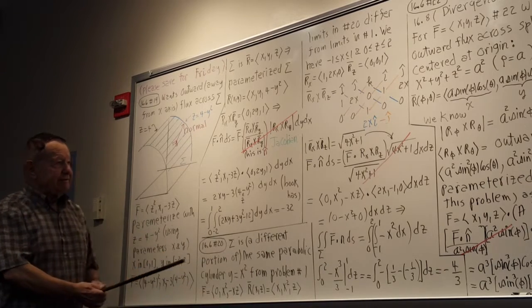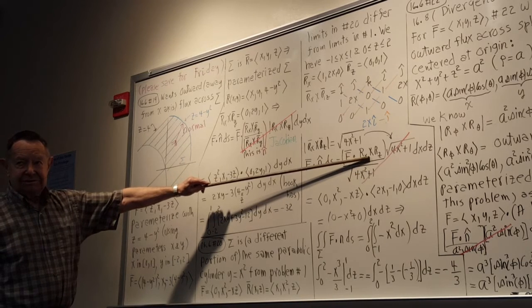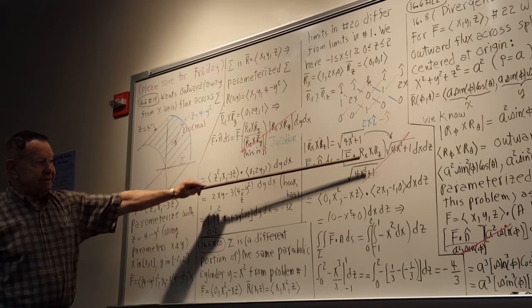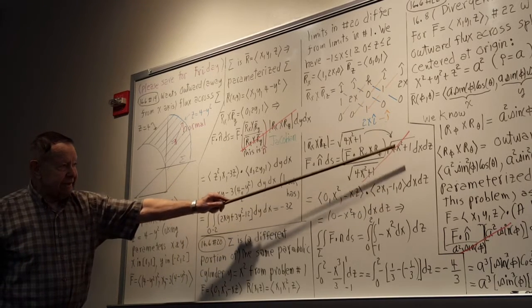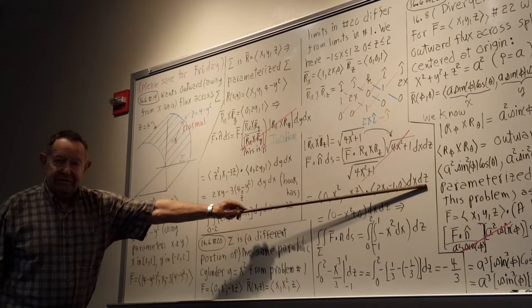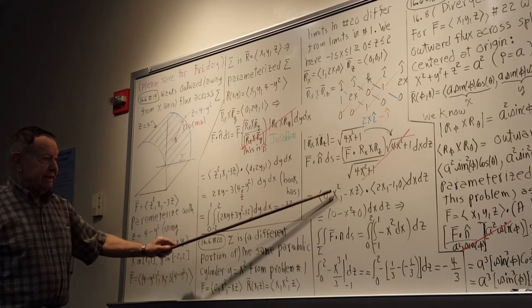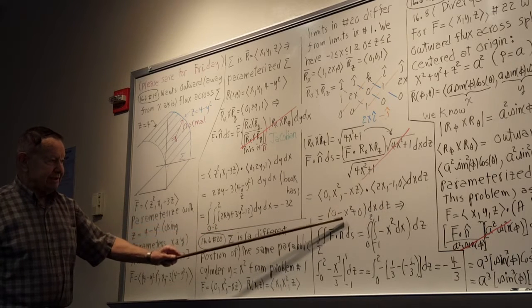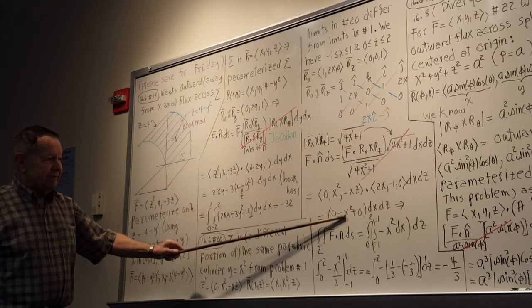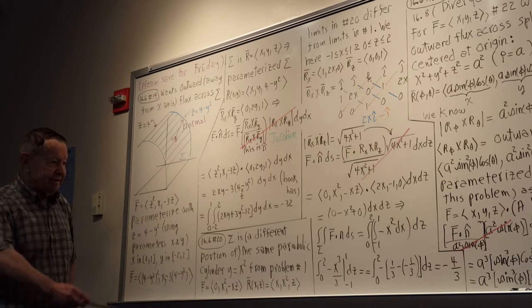And what it leaves you for what becomes your scalar function to work with in a flux integral is this dot product, which is here, and then you integrate with whatever are the parameters. And so you have 0 times 2x, and you have minus x squared, and 0 times minus xz, so it's the surface integral then of minus x squared dx dz when all is said and done.